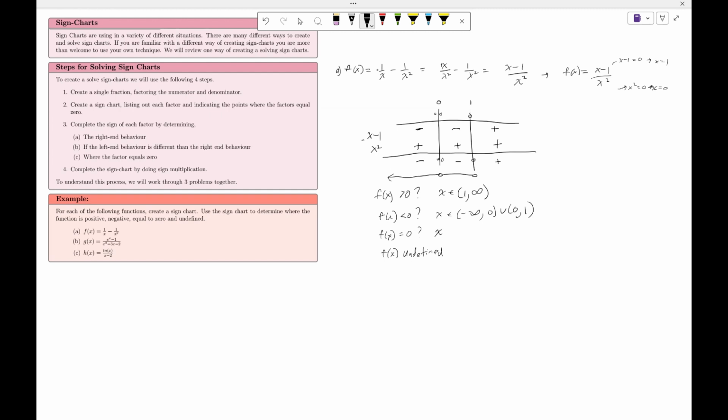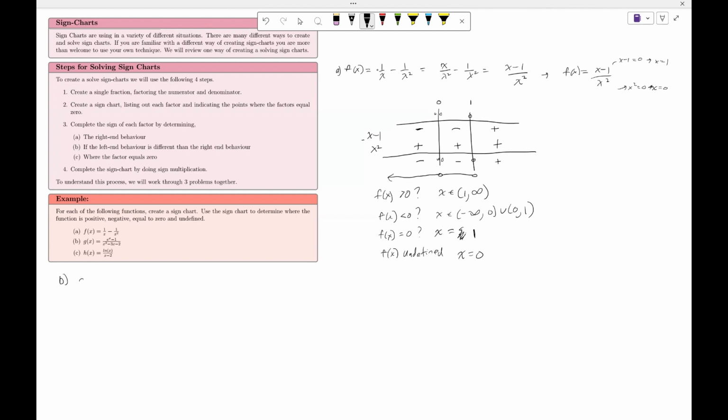Well, we can just look on our chart and see that it's 0 at x equals 1. So x equals 1. And where is it undefined? x equals 0 is where it's undefined. So this one wasn't too bad. In our next example, things become a little bit more interesting.